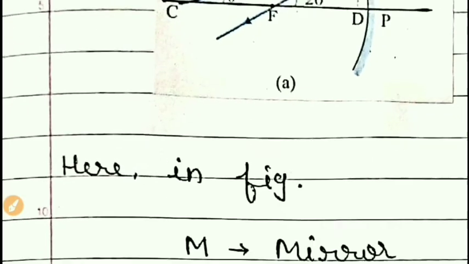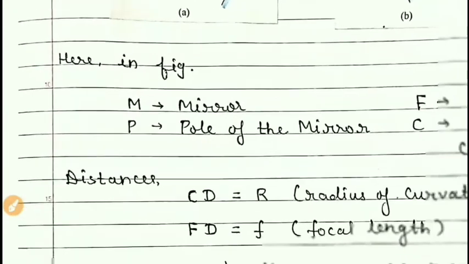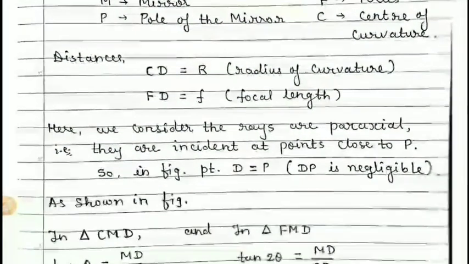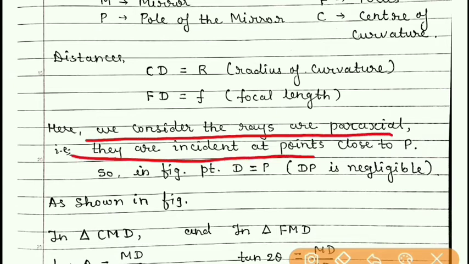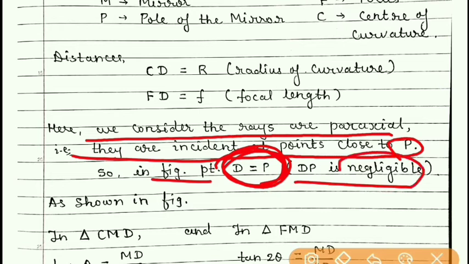Now mathematical steps. You can see here, as we have considered the rays are paraxial, they are incident at a point close to P, and so these 2 points D and P are not different points, they can be considered as the same point because distance DP can be neglected.